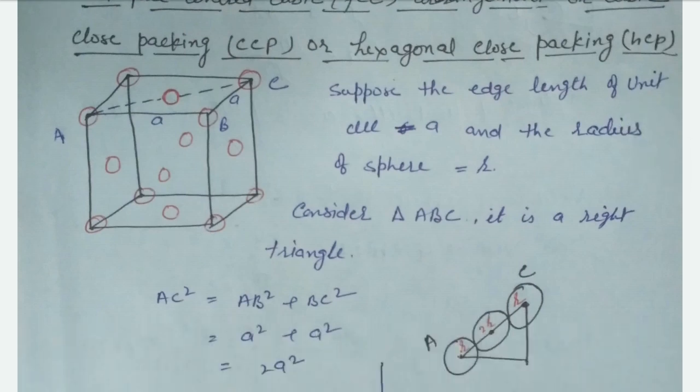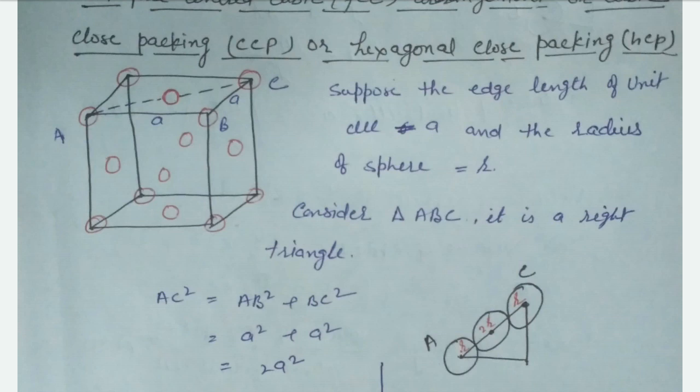According to the diagram, they form a triangle ABC, and between A and B there are FCC spheres. Suppose the edge length of the unit cell is a and the radius of the sphere is r.